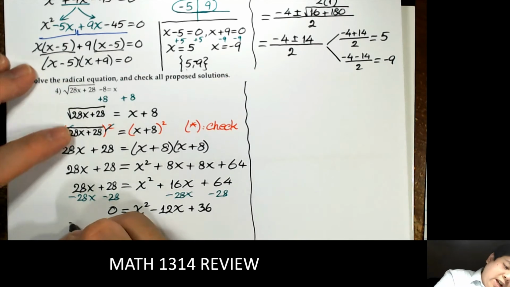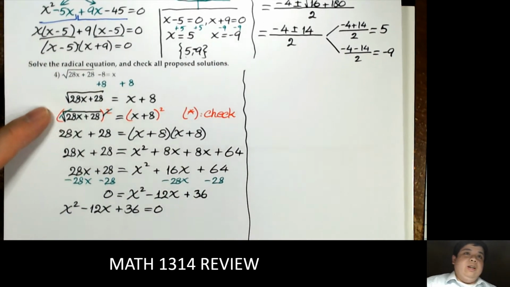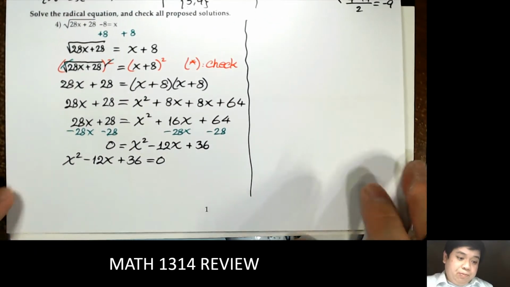So pretty much we have x squared minus 12x plus 36 equal to 0. Alright, that is actually a perfect square.